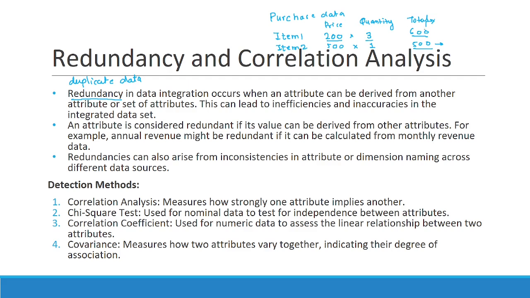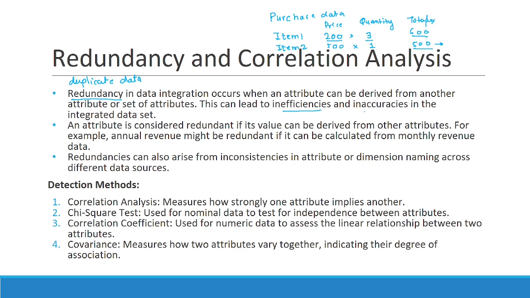So there is no need to store this total, because this will then be redundancy. So redundancy occurs when an attribute is derived from another attribute or set of attributes. This can lead to inefficiencies and inaccuracies in the data set. Okay, if you keep those redundancies as they are, it will lead to inefficiencies, because it will take memory storage, right?